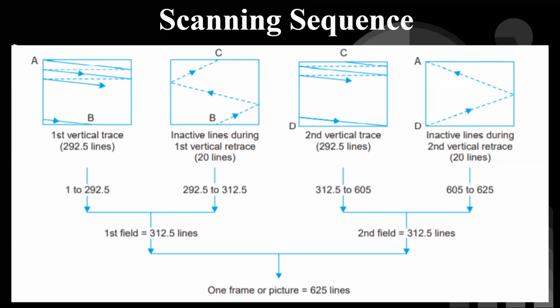are preserved for the first vertical trace. Similarly, for the second vertical retrace, 20 lines are allocated during the rest of the cycle.